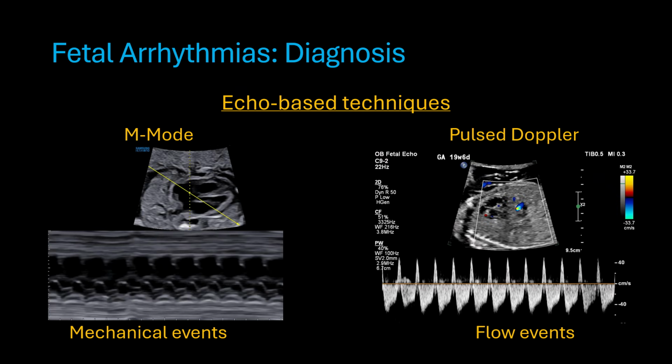So for this reason, during our anatomical scans, we use these echo-based techniques to evaluate or try to evaluate the fetal heart rhythm using M mode to evaluate mechanical events, and then pulse Doppler to evaluate flow events, which essentially are mechanical events.